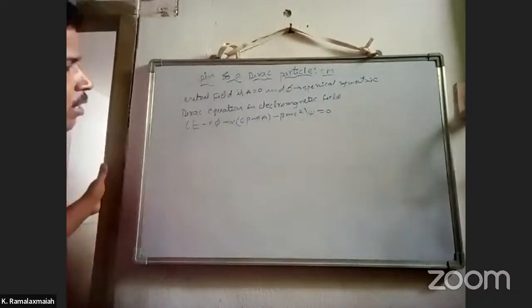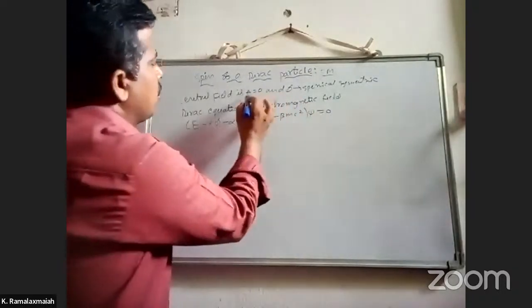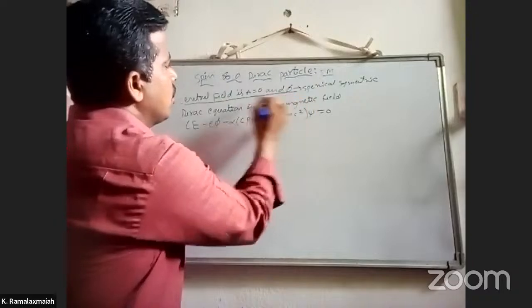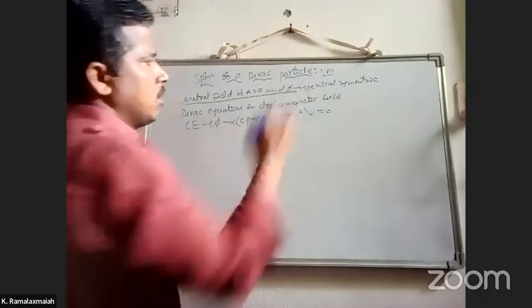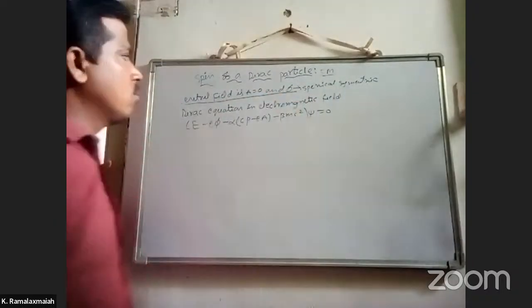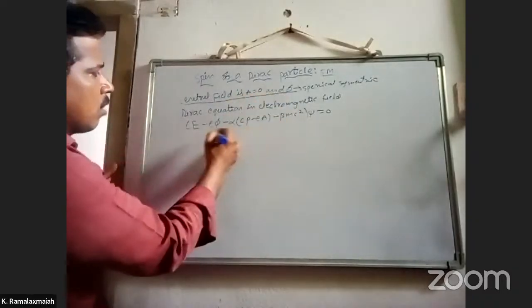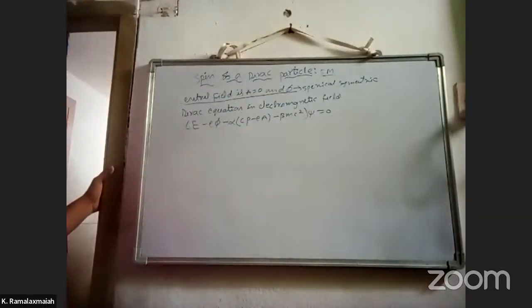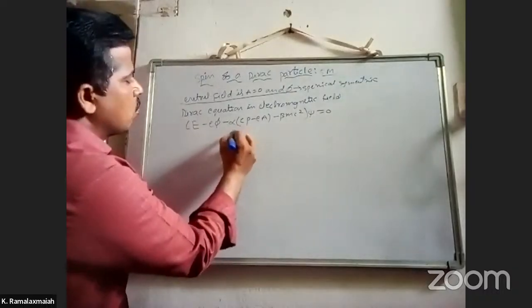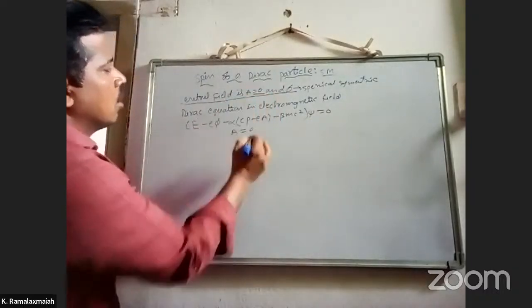So the central field value, I have already given. In the central field, A is equal to 0 and phi is a spherically symmetric value. So substitute the A value in this formula. A is equal to 0.